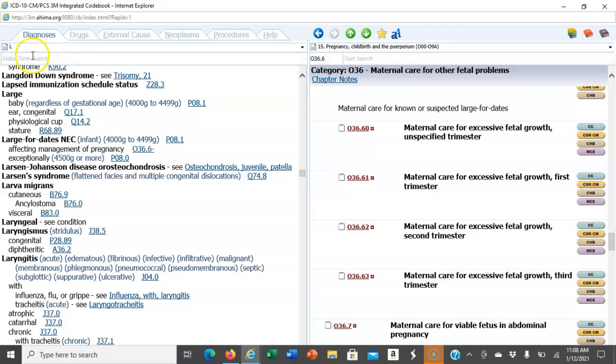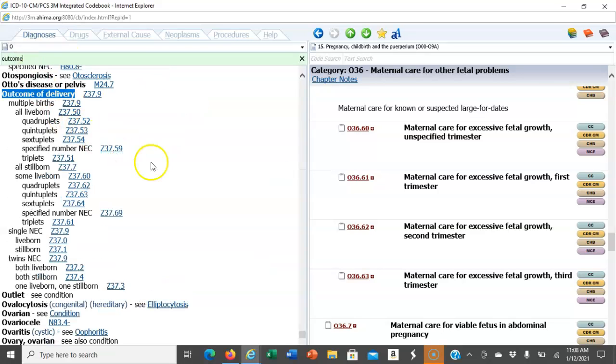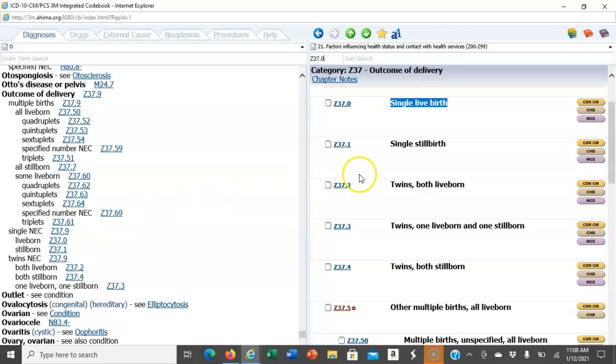Now, I want us to look at outcome of delivery. Let's go to this particular category. And if we have a single live birth, that outcome of delivery is Z37.0.